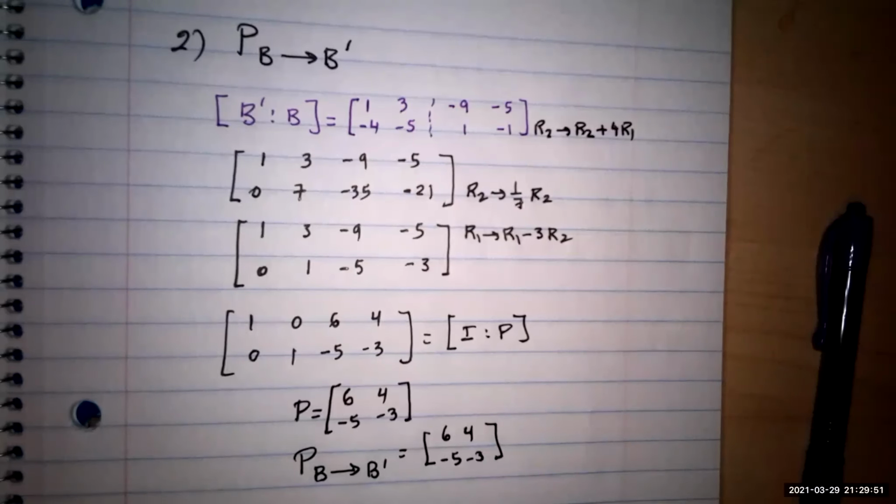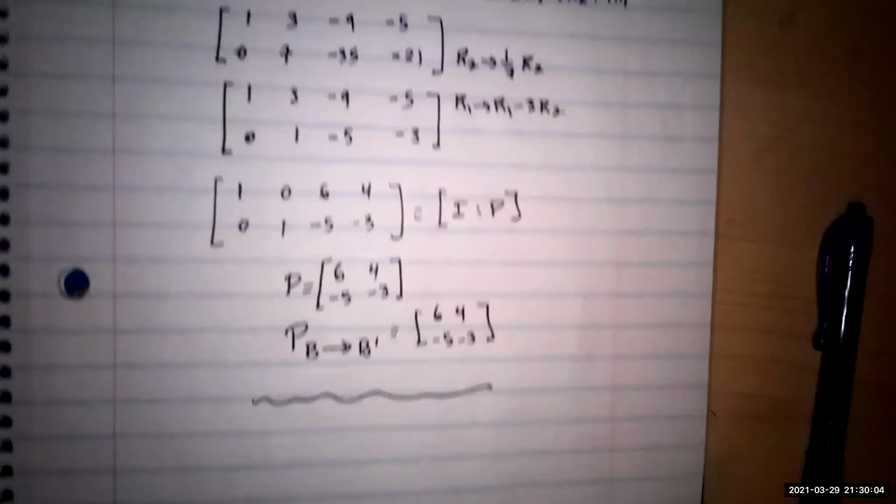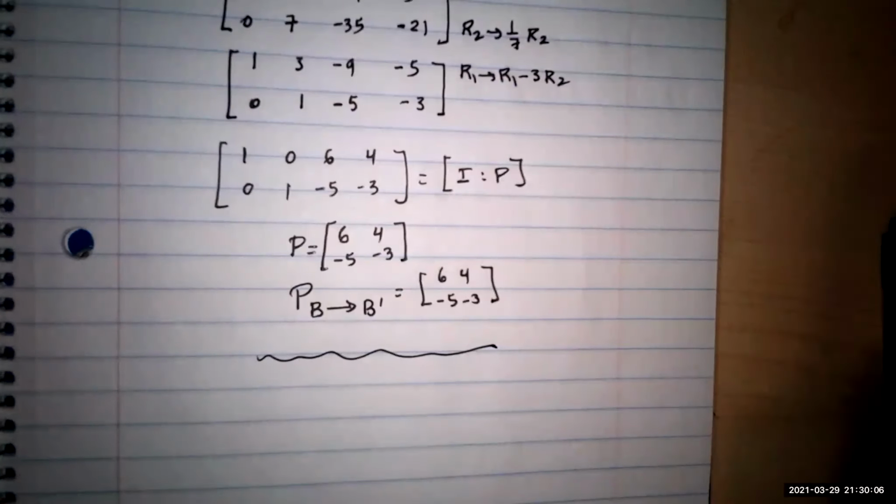And if you consider the P inverse, that gives you the same thing. You can double check it and get the result that this is true. So this is your main job, to find this transition matrix.